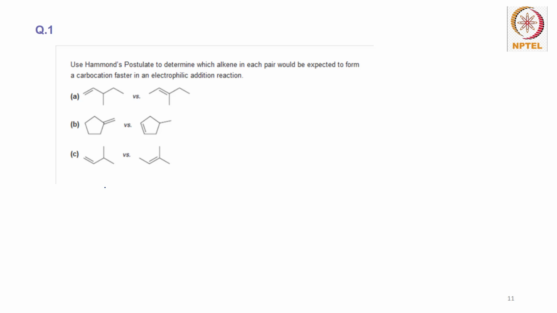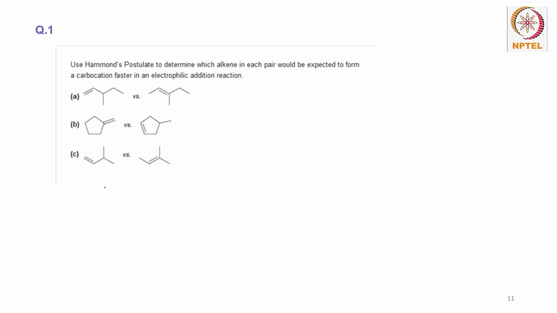So based on that, I have given one question. Just try to solve this one. What they asked: use Hammond postulate to determine which alkene in each pair would be expected to form a carbocation faster in an electrophilic addition reaction. So among these pairs, which one will react faster in case of addition reaction?